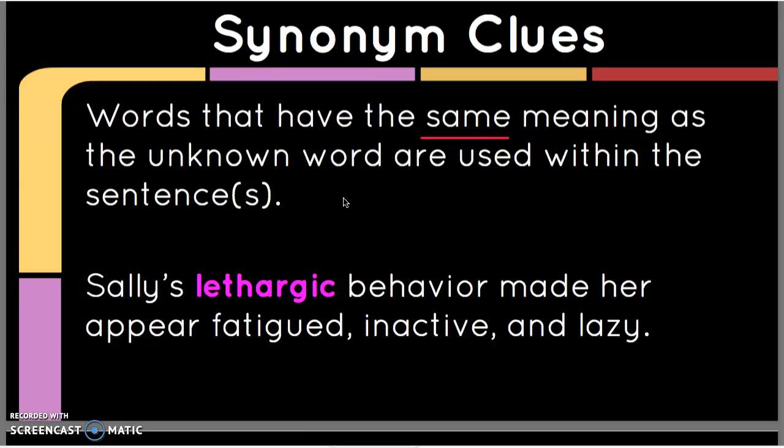So you're going to be given some words that have a similar or the same meaning as your unknown word. Synonym means same. So when we talk about a synonym clue, it means that you're given words that are similar or the same as your unknown word.